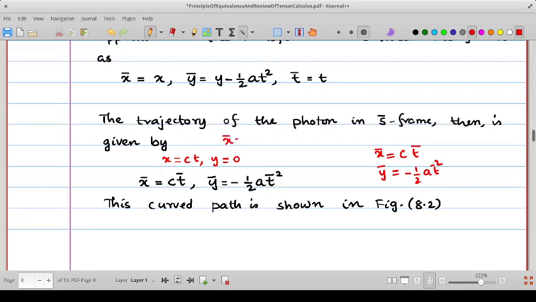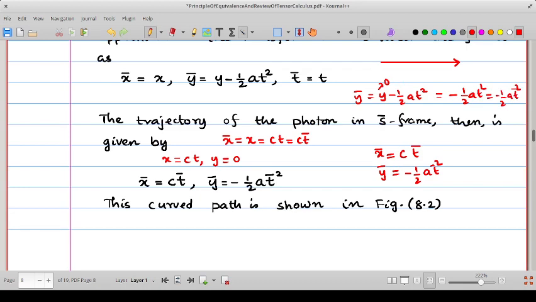Since x bar is equal to x and x is equal to c t, and since t bar is equal to t, this is equal to c t bar, and y bar is equal to y minus half a t square, but y is equal to 0 in the frame S because light is traveling along the x direction, so y is always 0 and x is equal to c t because it is traveling in the x direction. So now y is equal to 0, that means this is equal to minus half a t square, and since t is equal to t bar, this is equal to minus half a t bar square.